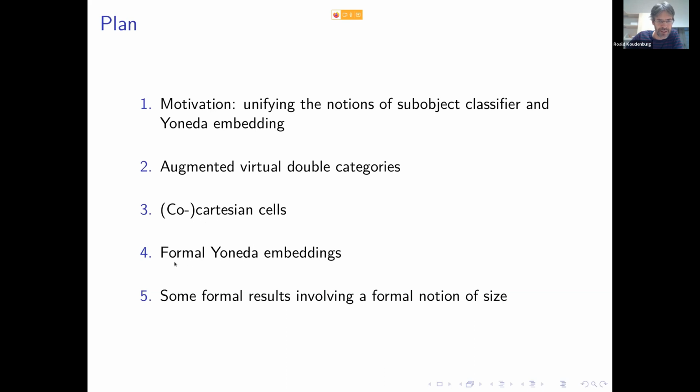So that formal notion will then recover the notion of sub-object classifier and also of Yoneda embedding. Then we'll end with some formal results that involve formal notions of size. So that's the plan.